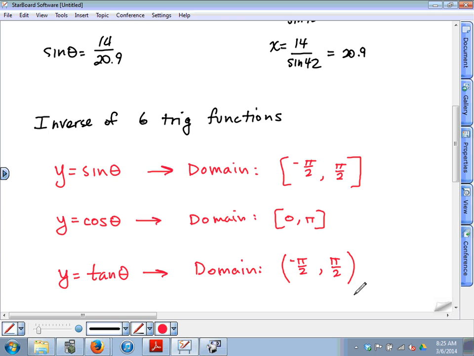The tangent isn't actually defined. What is pi halves in degrees? 90, right? Somebody real quick, who's got a calculator? Matt, you type in tangent of 90 and hit enter. It says error. That's why we can't include pi halves or negative pi halves, because the tangent is not defined there.